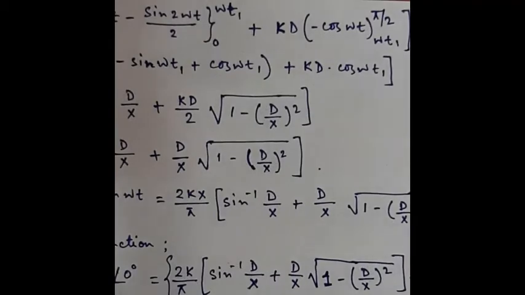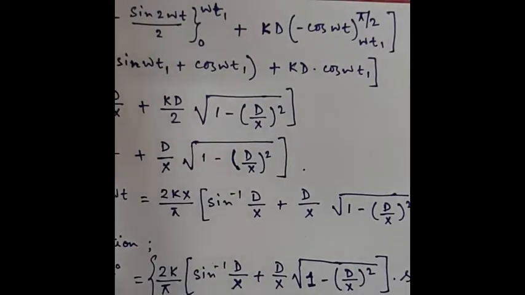So it is equal to 4 by pi, kX divided by 2 into omega t minus sin 2 omega t by 2, and the limit is 0 to omega t1, plus kd into minus cos omega t, the limit being pi by 2 to omega t1.